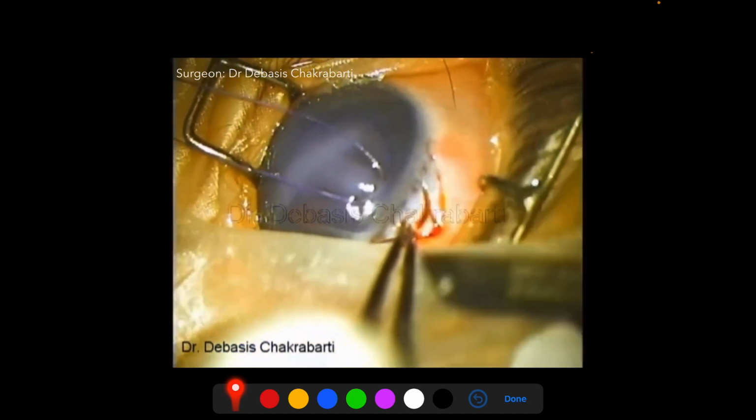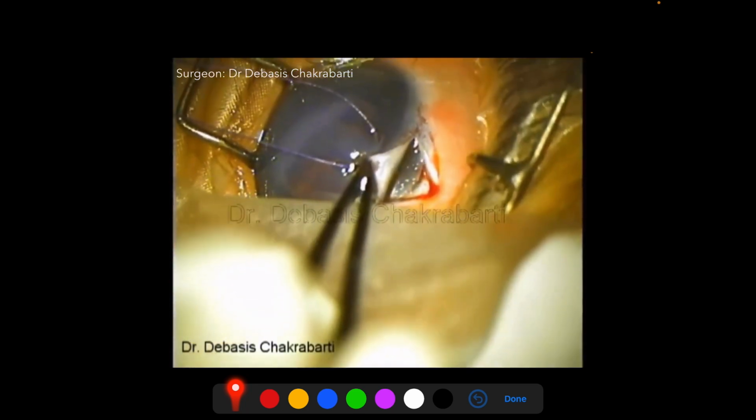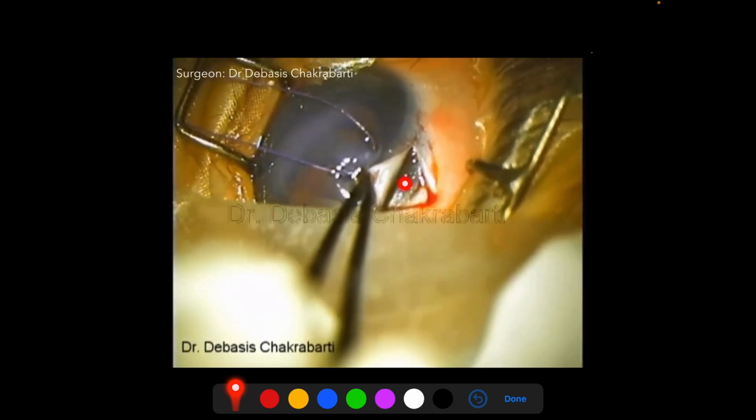The scleral flap is dissected till the anterior bluish zone of the limbus is visible.